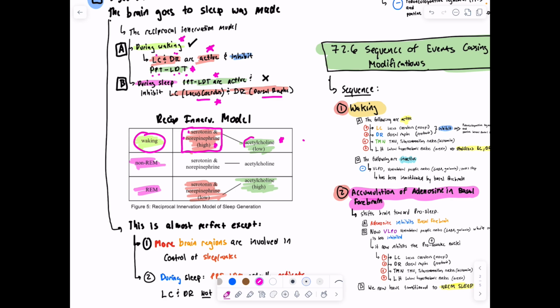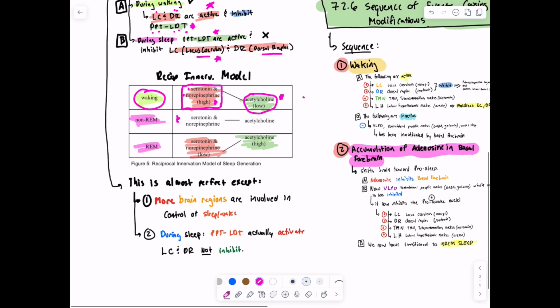So during wake, acetylcholine is going to be low. During non-REM sleep, they'll be about equal, and then during REM sleep, the pro-awake nuclei are inactive, the pro-sleep nuclei are active, and so the opposite is true, which is your PPT and LDT nuclei are active, and then your locus coeruleus and dorsal raphe nucleus are inactive.